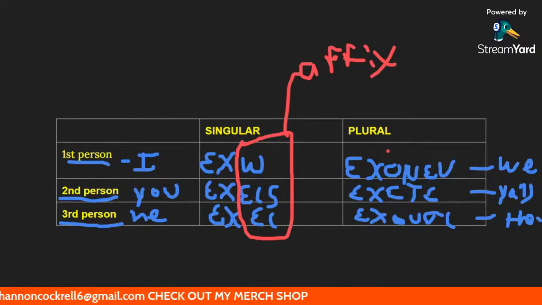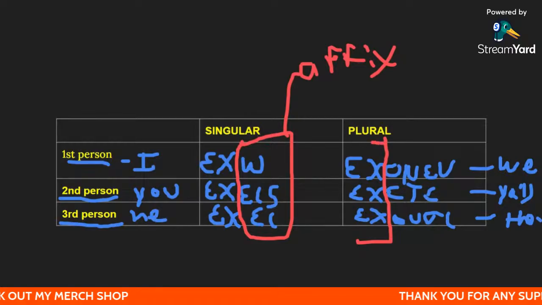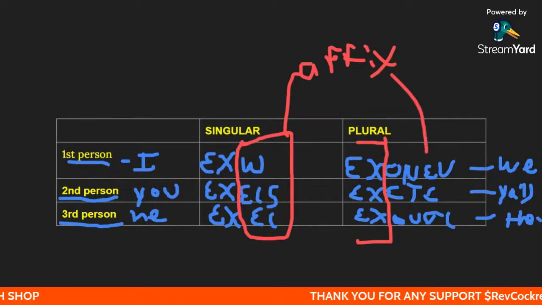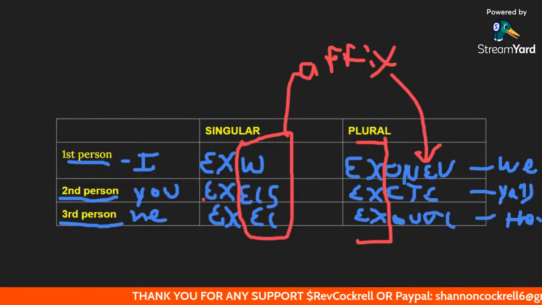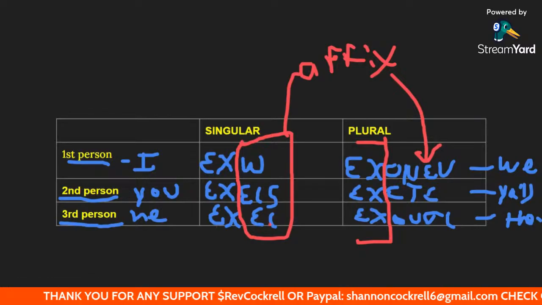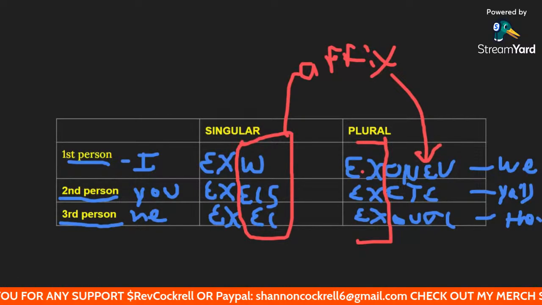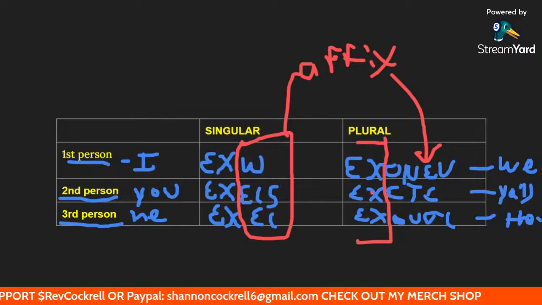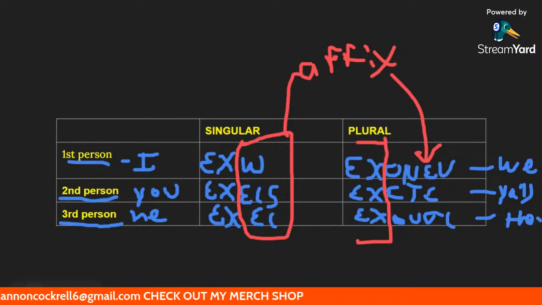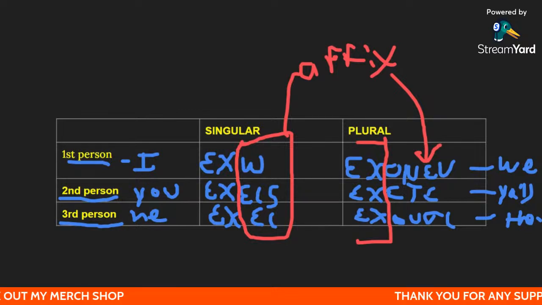Same over here. Your stem is ech. These are the affixes here. So I have, you have, he, she, or it has, we have, y'all have, they have. Does that make sense for everyone there?